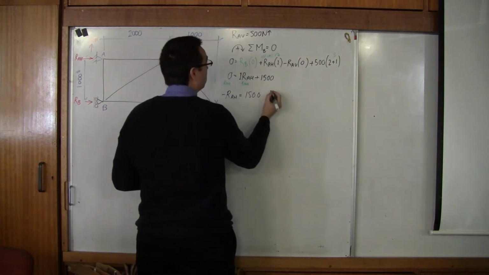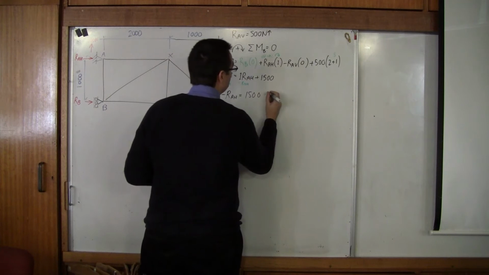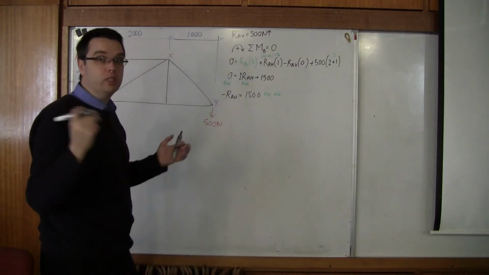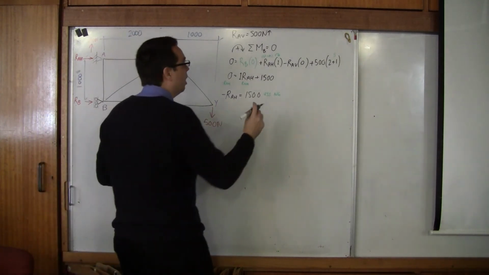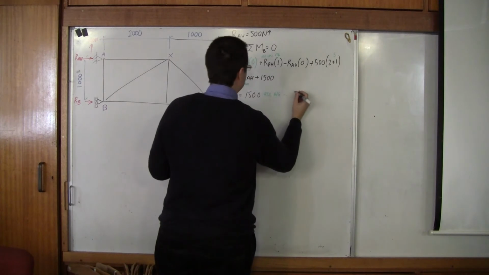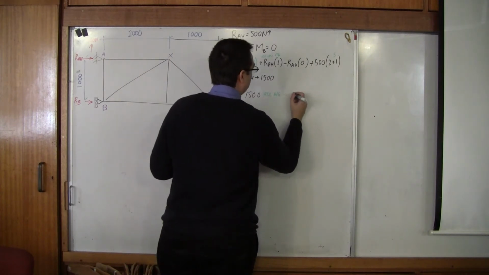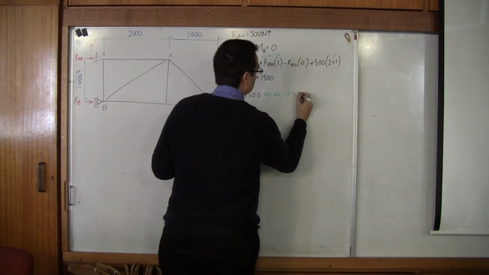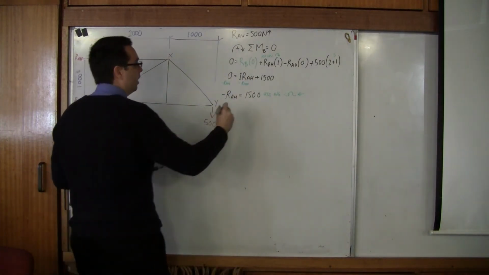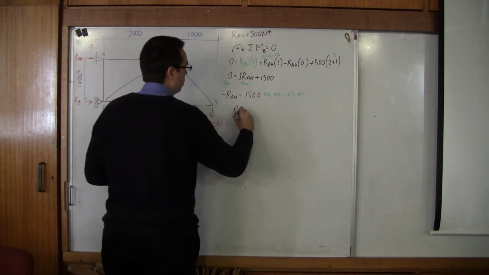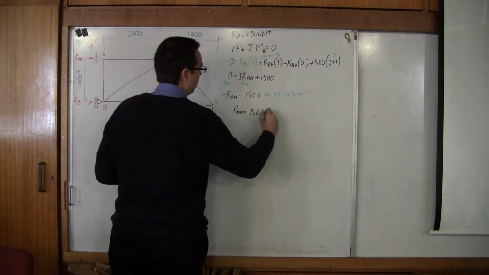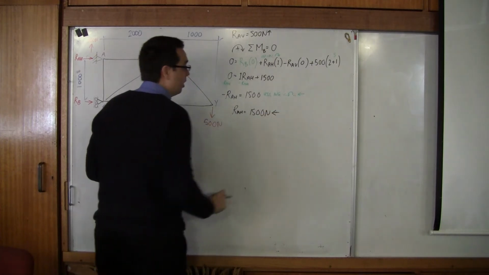What we can see here is that this was wrong. Our assumption was NG. That's common to use in practice for no good. It means if calculation fails, we'll write NG. Assumption is no good, therefore anti-clockwise, therefore pulling out, right, going back into the direction. So therefore we can say RAH equals 1,500 newtons direction that way.